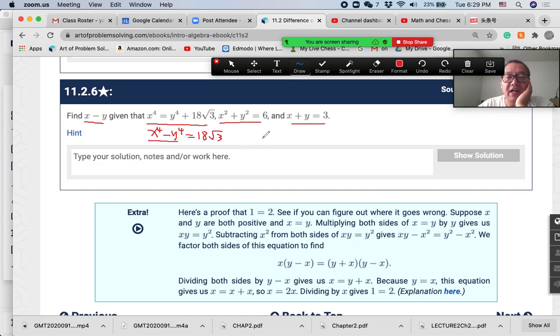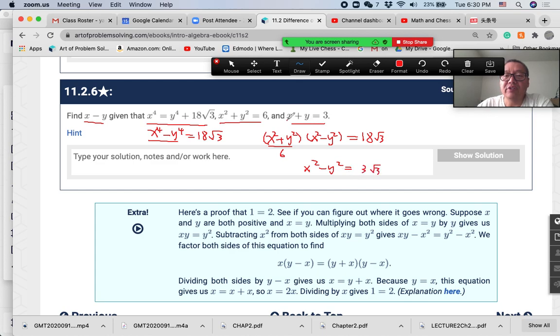So this one I can write like x squared plus y squared times x squared minus y squared. Then this one equals 18 root 3. So this one equals 6. So that means x squared minus y squared equals 3 times root 3.